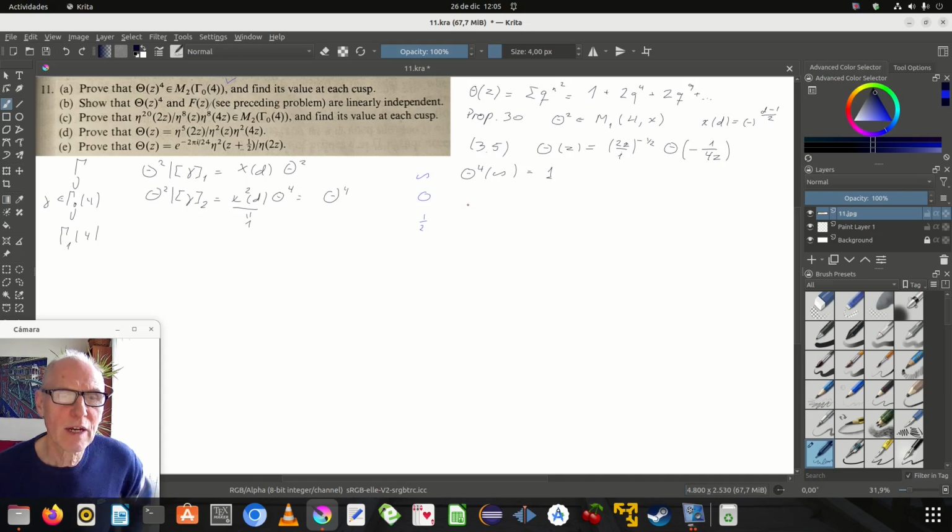And to find the value at naught, we use the matrix S, which maps infinity to naught.